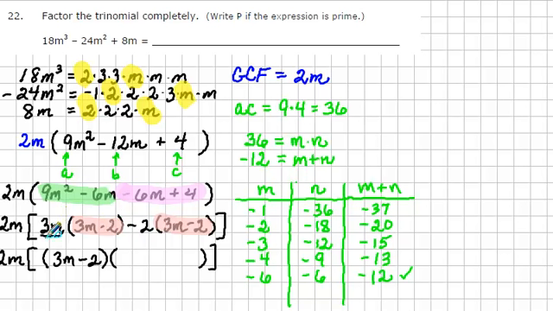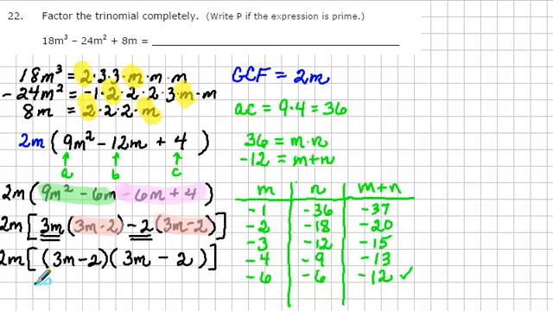For the first term, we'll put the coefficient of 3m minus 2, which is 3m. And for the second term, we'll use our second coefficient, which is minus 2. So now we've completely factored.